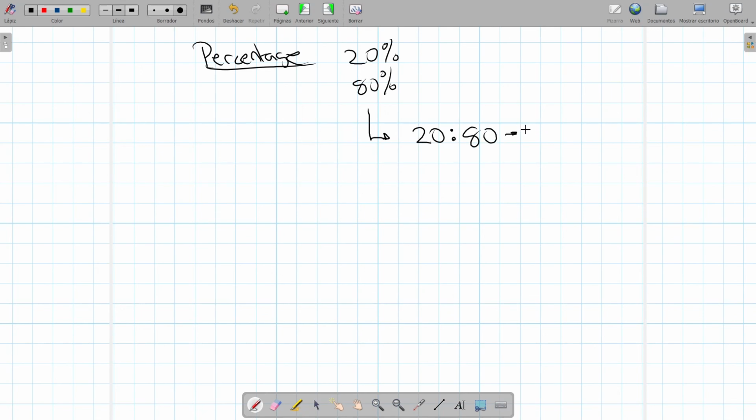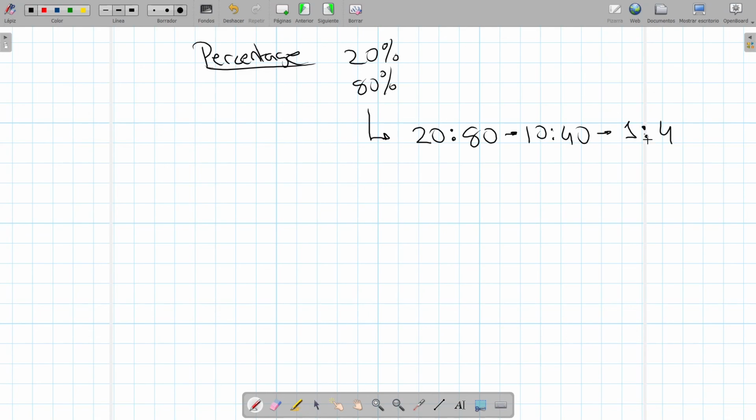So we could directly go from there, simplify, so that would be 1 and 4. And that would be 1:4, the relationship that we have, which is the same relationship that we obtained if we did 1/5 and 4/5.